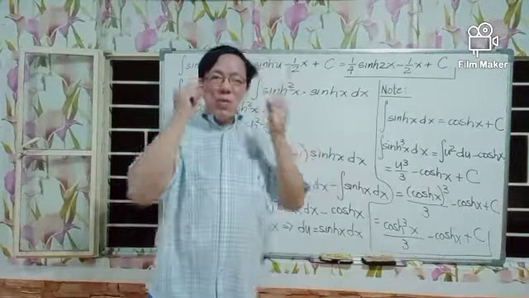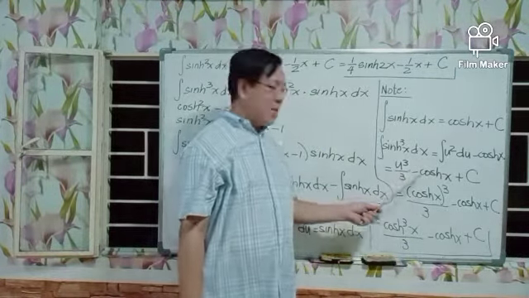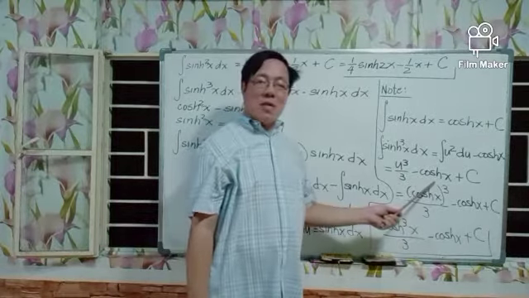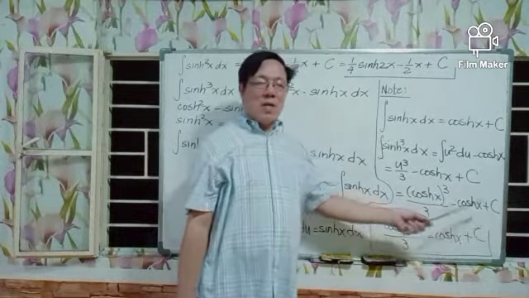We replace u with hyperbolic cosine of x to the power 3 over 3 minus the second term hyperbolic cosine of x plus a constant of integration.